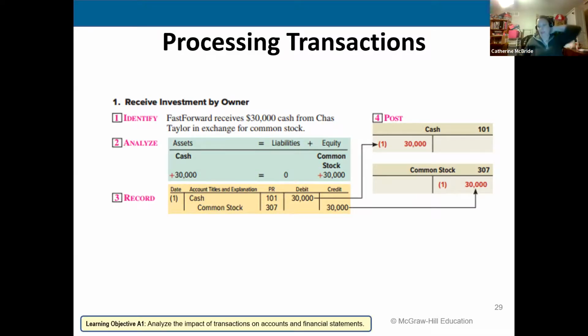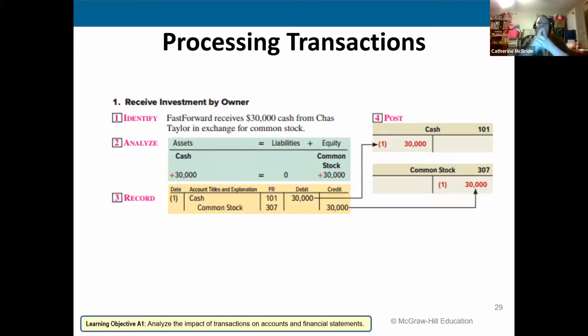A lot of people miss the transaction because they don't really understand what happened. And it's harder in the accounting world because you didn't live through it, right? So what happened? Somebody came in and they invested $30,000 in exchange for stock. So I got $30,000 and I sold him stock.